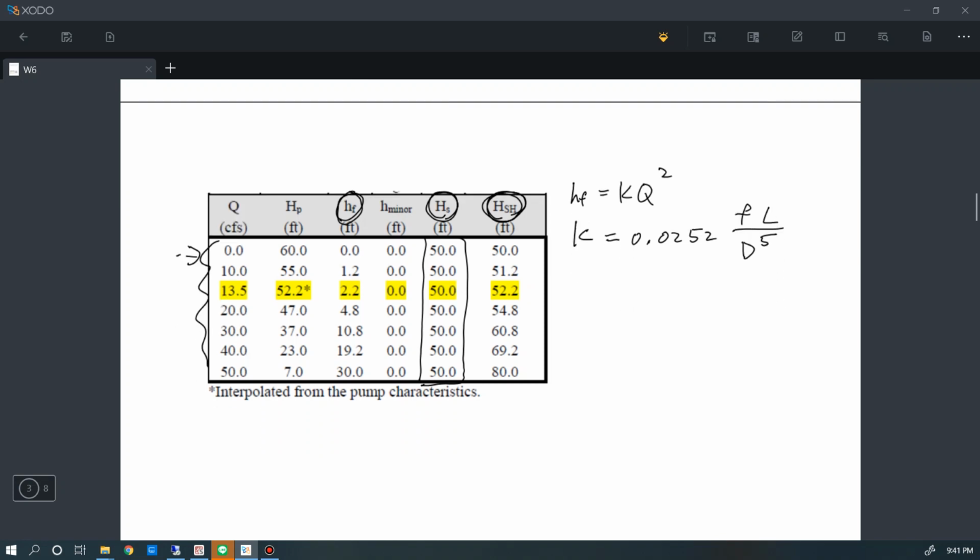Okay, so you just apply this equation and then you can calculate this number.